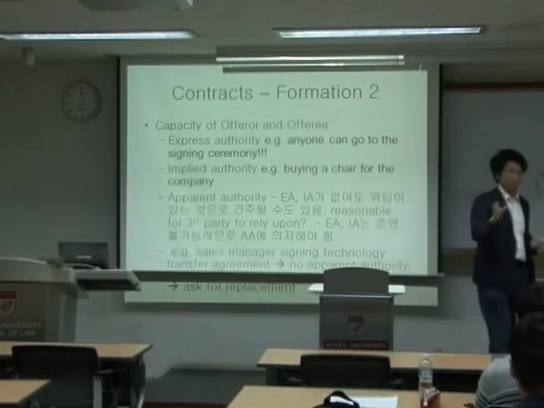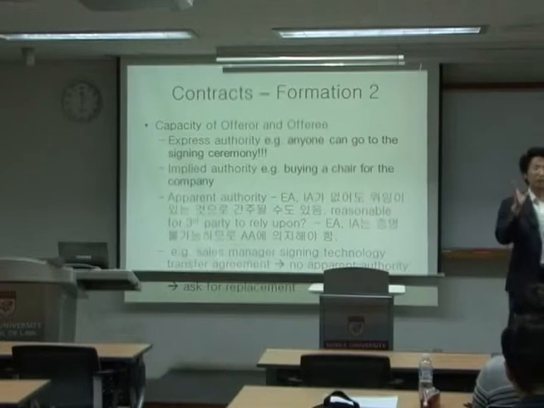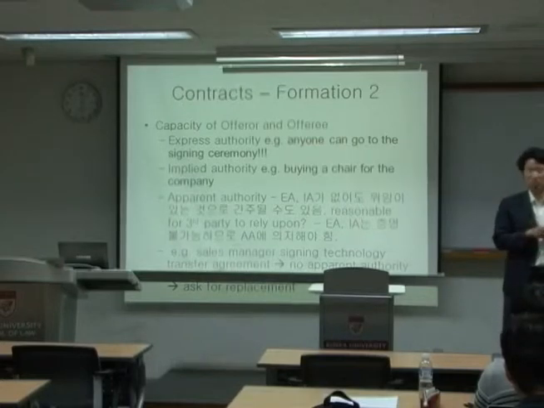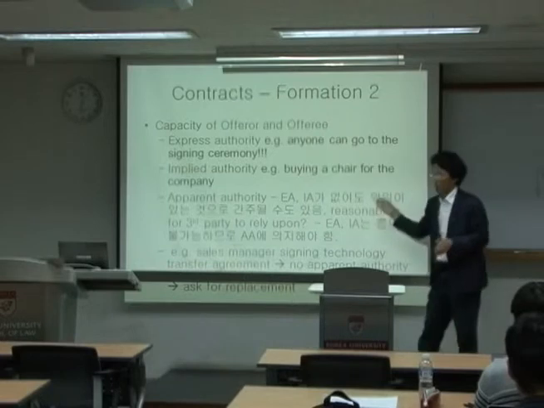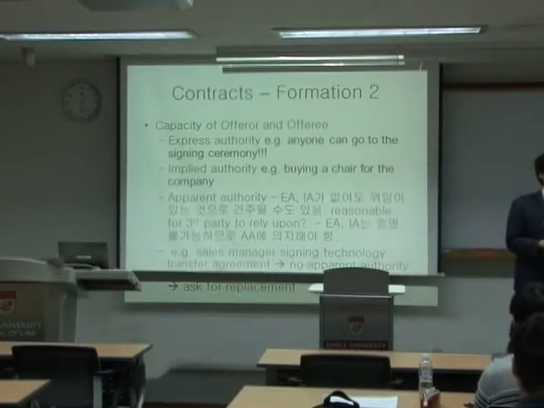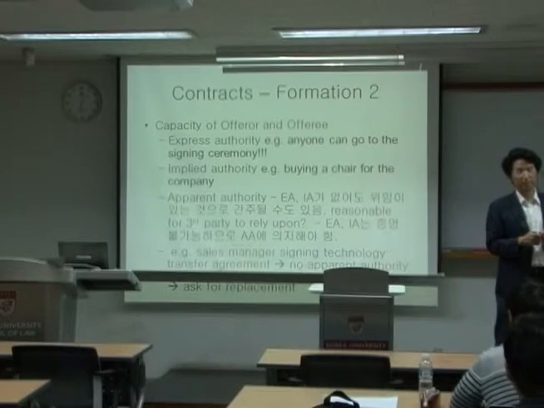Although he was not talking to Korea Pictures at all, and in reality John Kim was not representing Korea Pictures, under the law, Korea Pictures is responsible for all the contracts that John Kim has signed. Okay? That's apparent authority. All right?